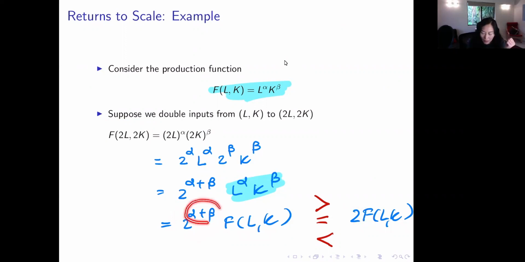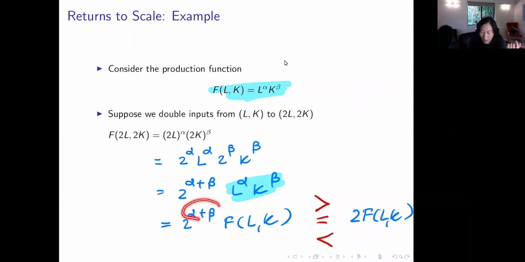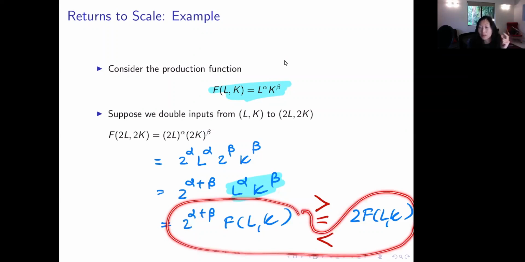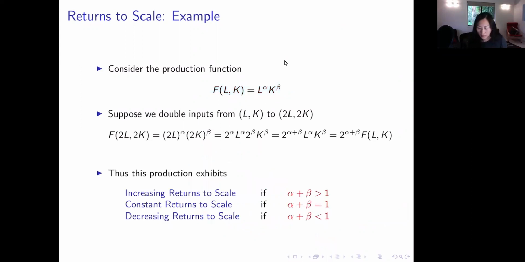If alpha plus beta is equal to 1, then we have constant returns to scale. If alpha plus beta is greater than 1, then this one would be bigger than the right-hand side, so we have increasing returns to scale. If alpha plus beta is smaller than 1, then we have decreasing returns to scale instead. And that's how we verify the returns to scale accordingly.